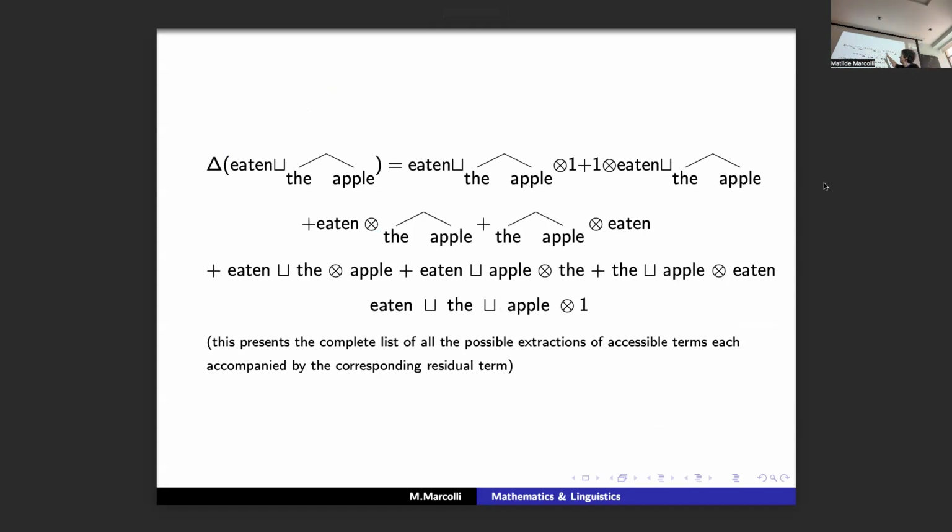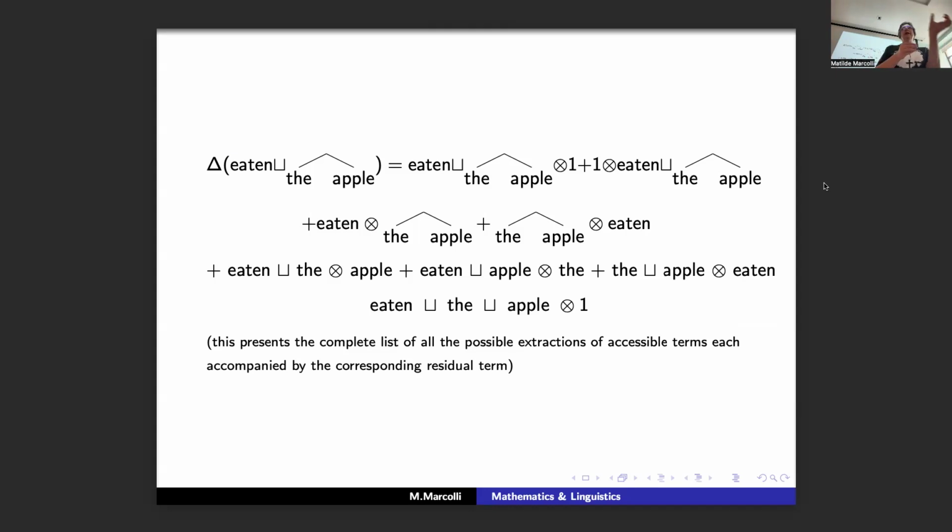And there's nothing else left because there was nothing else in the workspace. Otherwise, there would be some other stuff left. And so the thing with this is that external merge always uses only the primitive part of the coproduct, the part in which the trees are primitive.